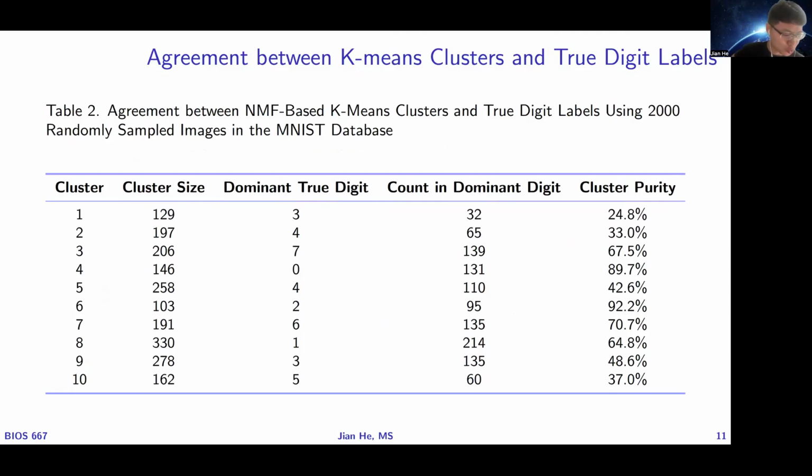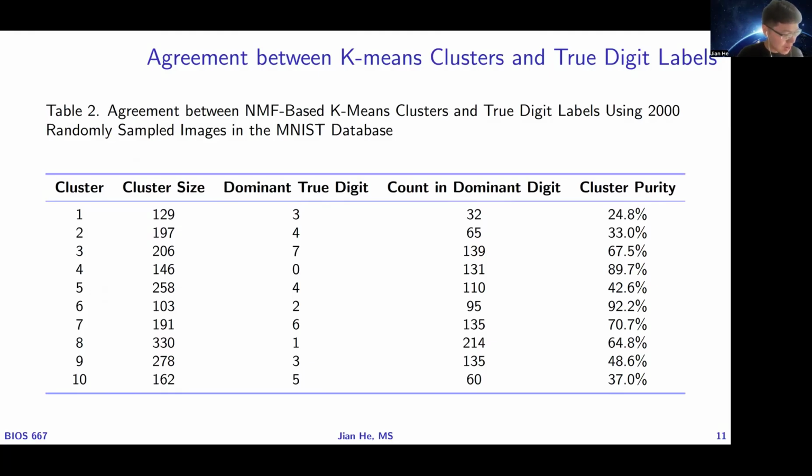The dominant true digit was the most common true digit label within each cluster, and the cluster purity was computed as the ratio of the number of the dominant digit to the cluster size.